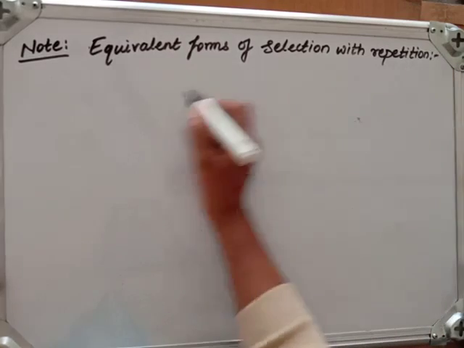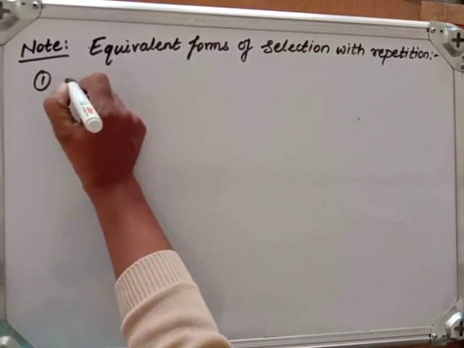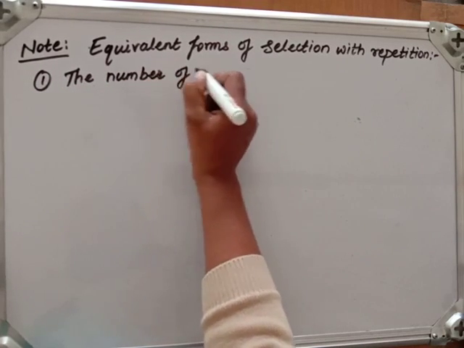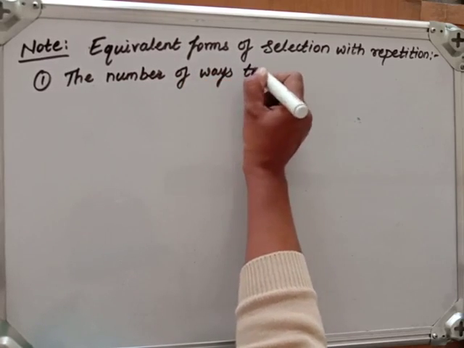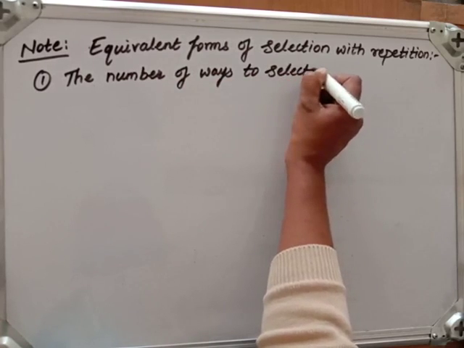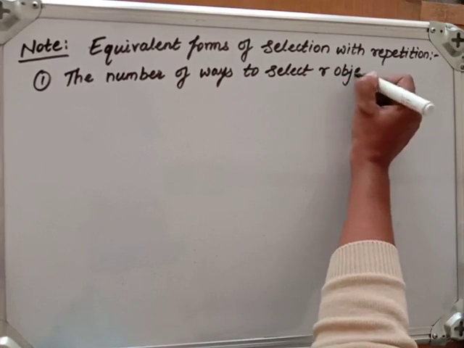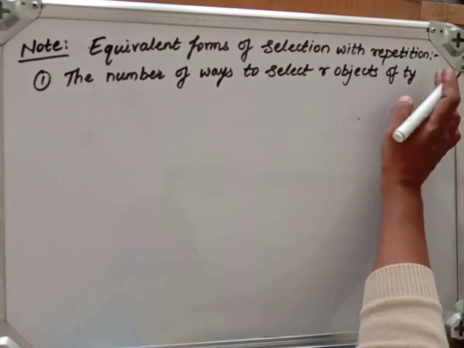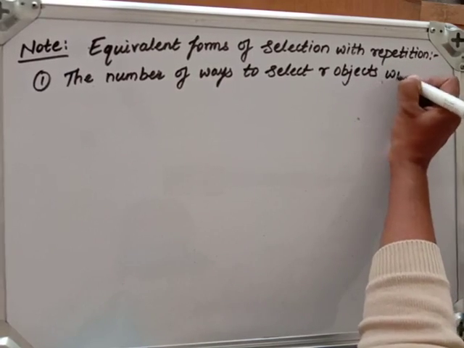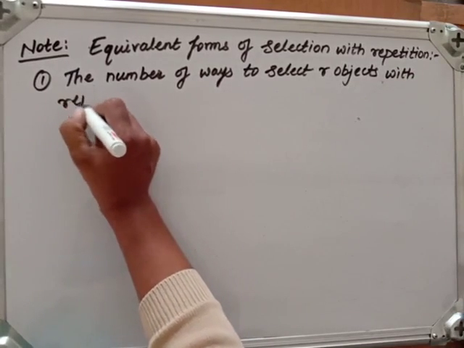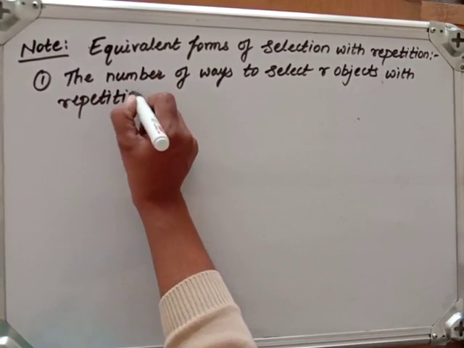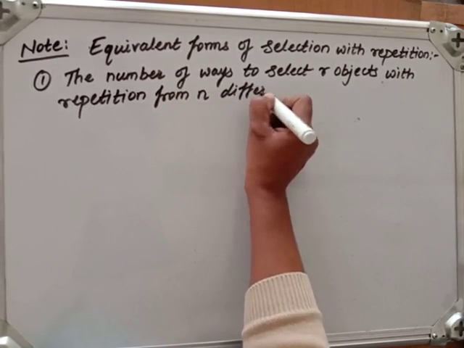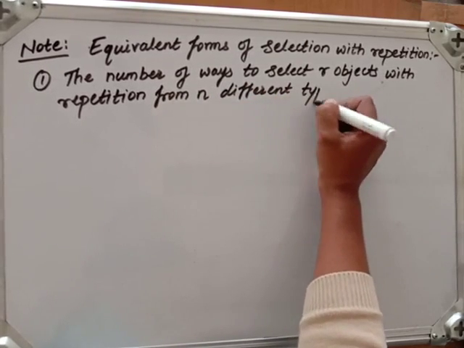So the first form: the number of ways to select r objects with repetition from n different types of objects.